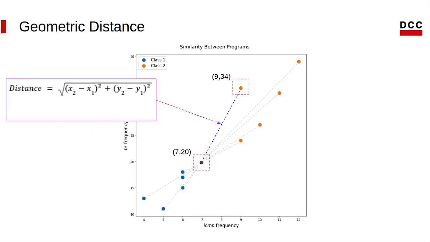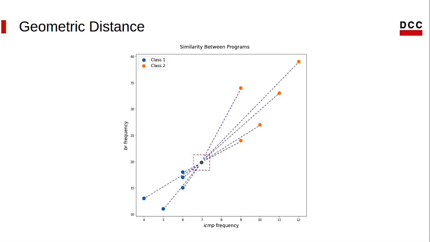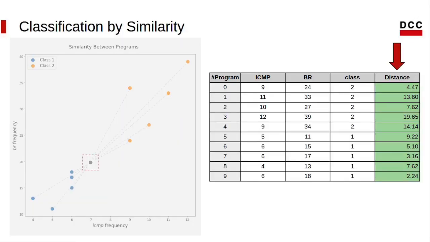We use the formula of Pythagoras to compute this distance. We just need to plug the coordinates of the points in the formula. And for this particular pair of points, we get 14.14. Let's do this for all the points and we will get this list with the distance.